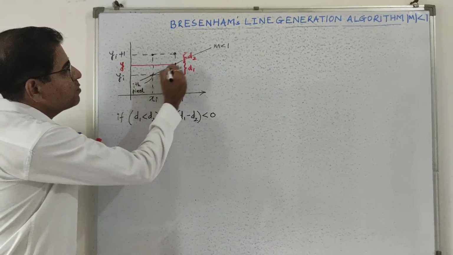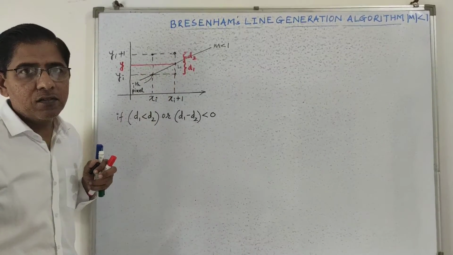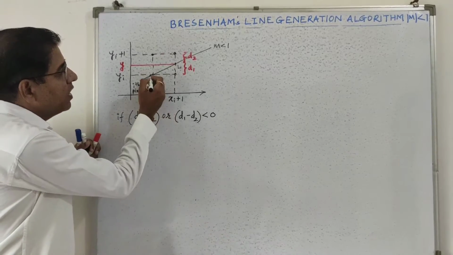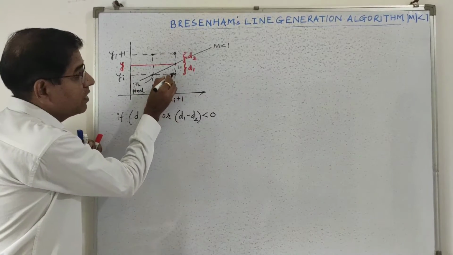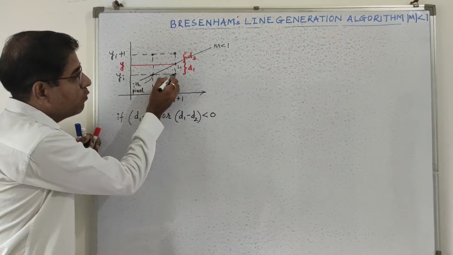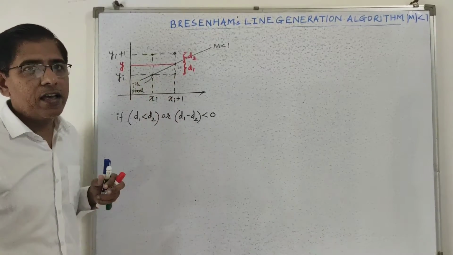That means this line is passing closer to this point than this point. So it is obvious that the next pixel would be this pixel. And what are the coordinates of this pixel? It is xi plus 1 and yi.